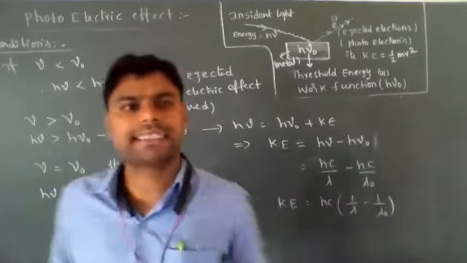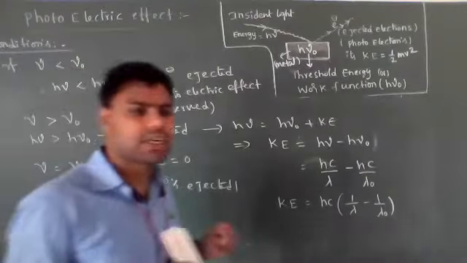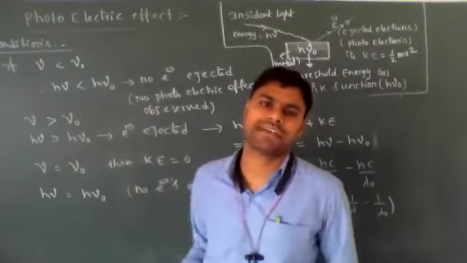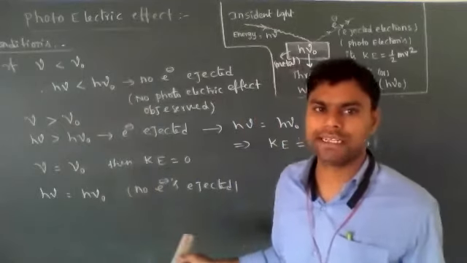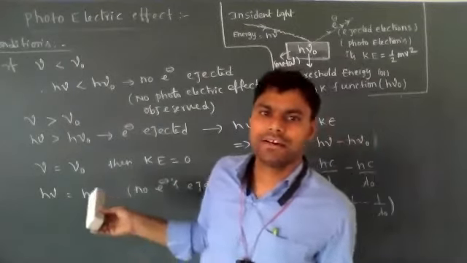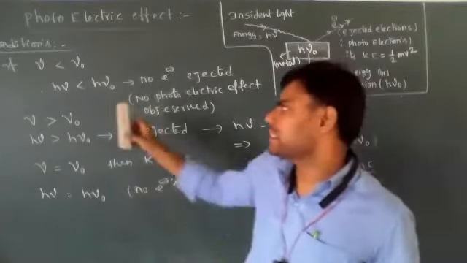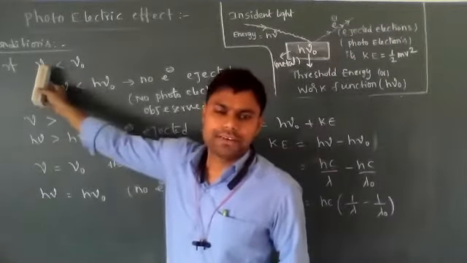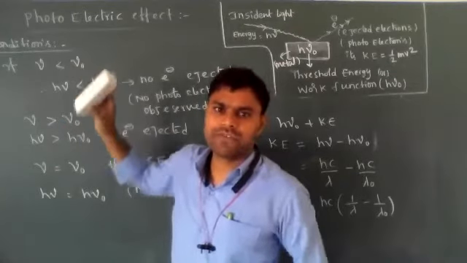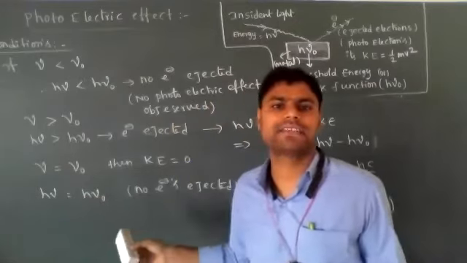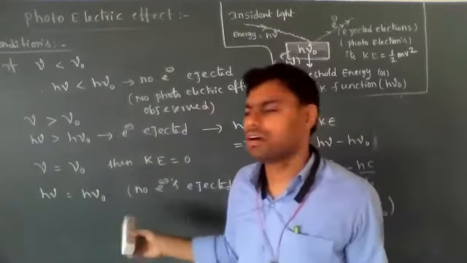At what condition is the photoelectric effect observed? When the incident light frequency is more than the threshold frequency. At what conditions will electrons not be ejected? When the incident light frequency is less than or equal to the threshold frequency. At what condition is the kinetic energy of electrons equal to 0?